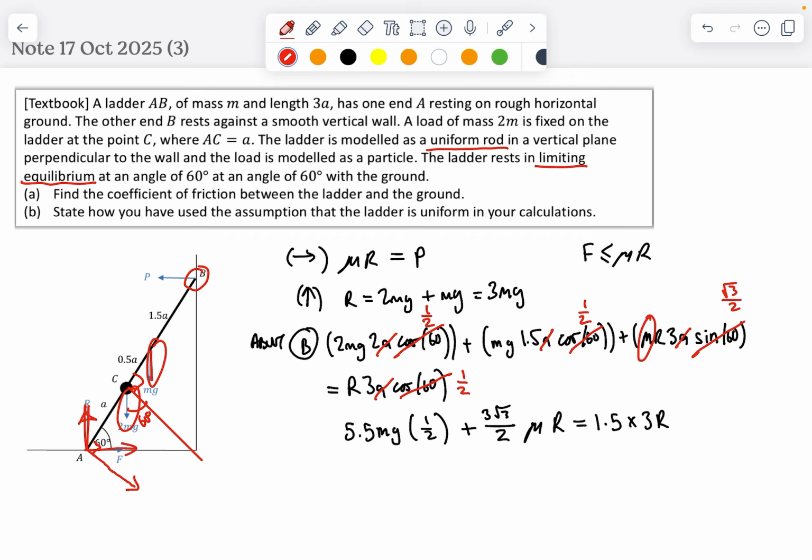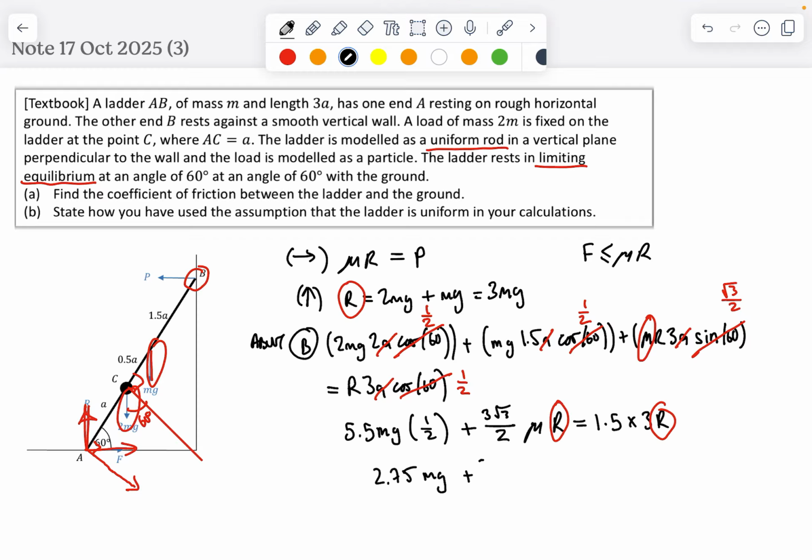We can replace the R's because we know what R is. So we've got 5.5 mg times a half, which is 2.75 mg.